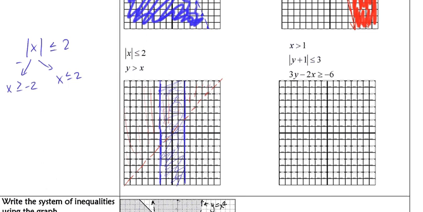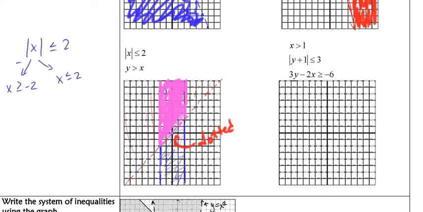So let's go with solid line here, solid line here, dotted, and then shade in between. Those are where both of the inequalities are true. And again, dotted line here at the bottom. Dotted.